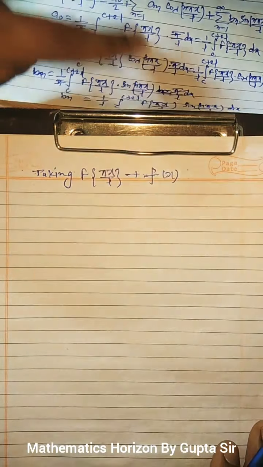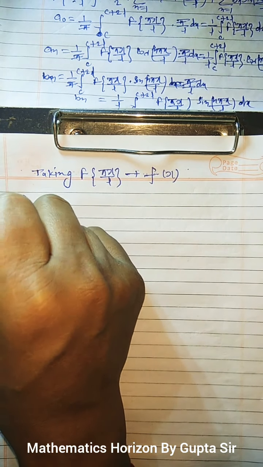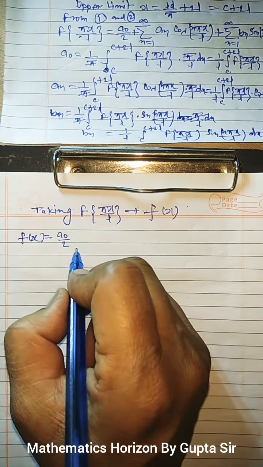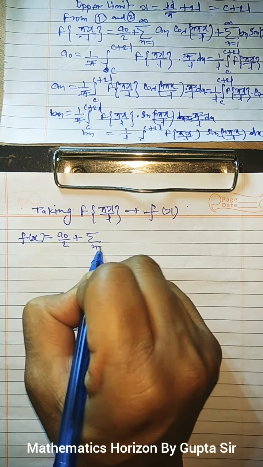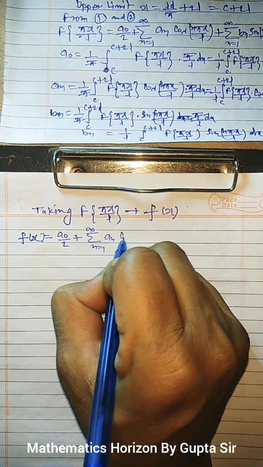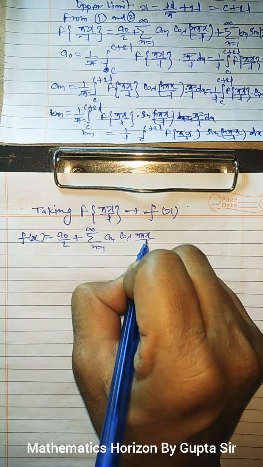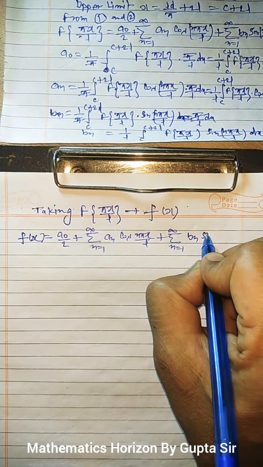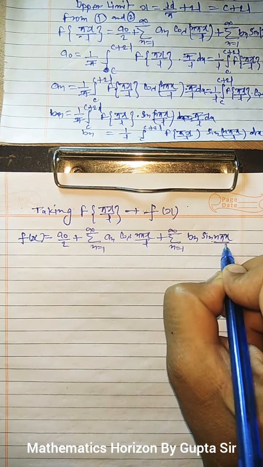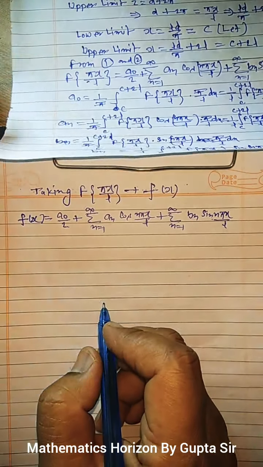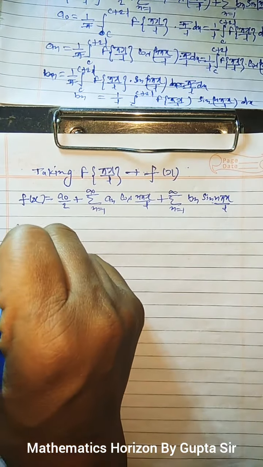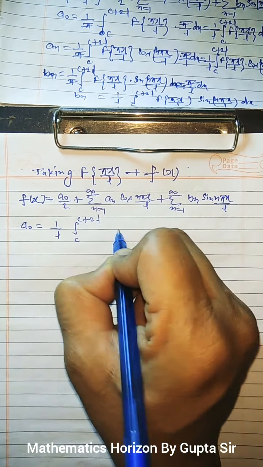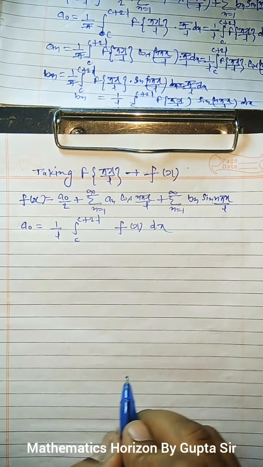Now we have the formula f(x) is equal to a0/2 plus summation n equal to 1 to infinity an cos(nπx/L) plus summation n equal to 1 to infinity bn sin(nπx/L), where the formula of a0 is a0 equal to 1/L integral from c to c+2L of f(x) dx.